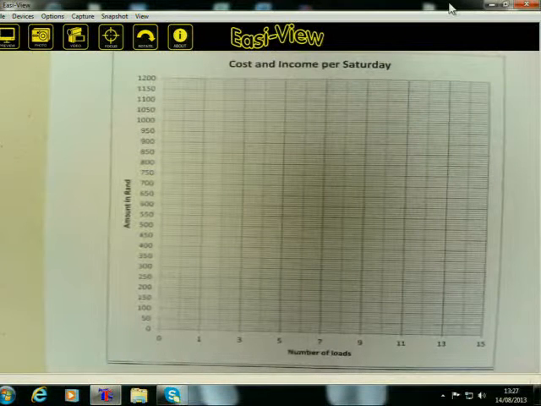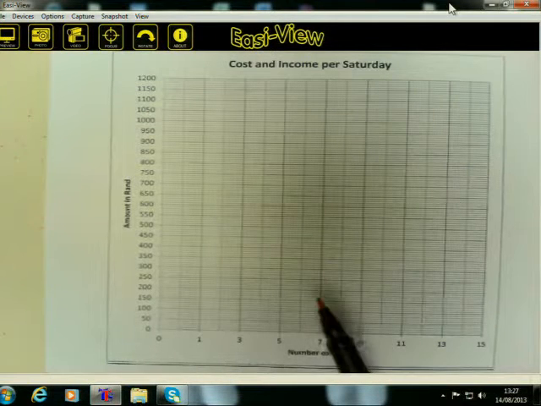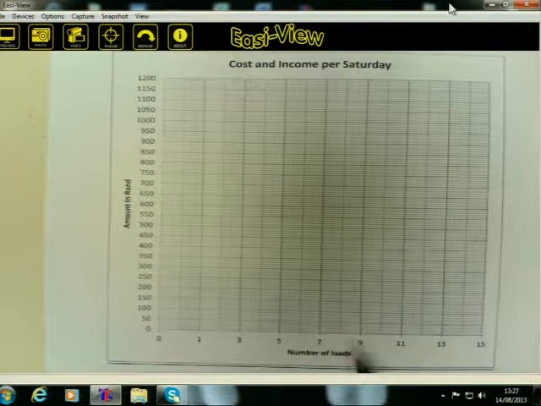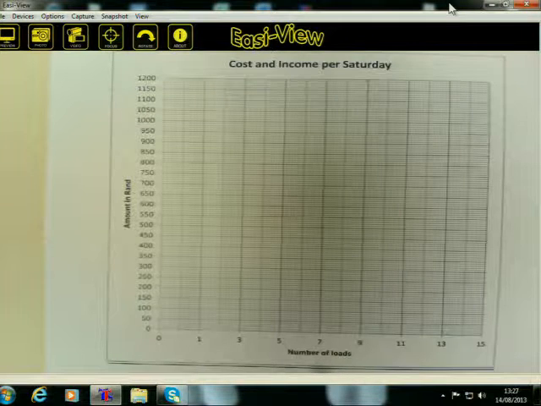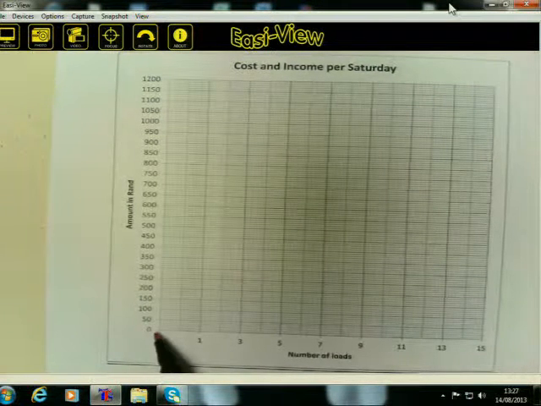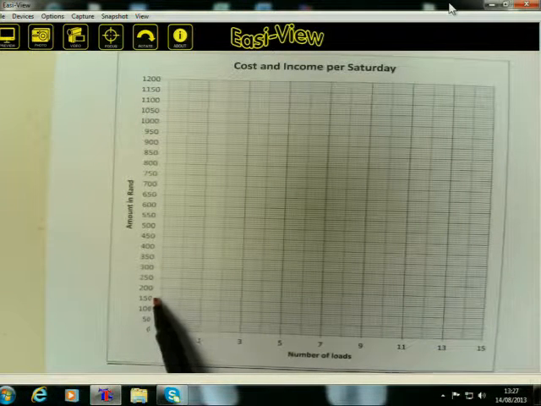But remember, grade 12s, most of the time in a control test or in an examination, you are already given this grid, and in most cases the grid already indicates which one is the independent and which one is the dependent variable. Now, if you look at the grid, you see that we have 0, 50, 100, 150.